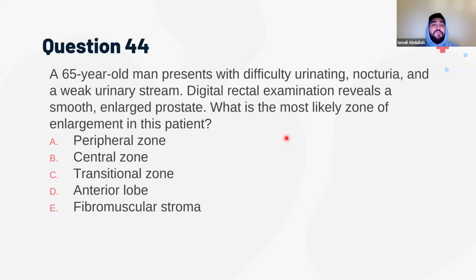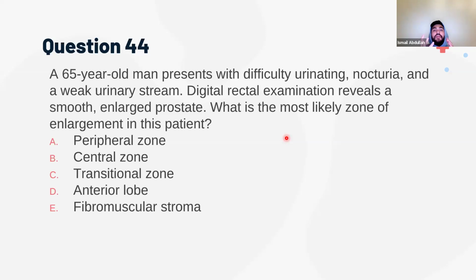A 65-year-old man presents with difficulty urinating, nocturia, and a weak urinary stream. Digital rectal examination reveals a smooth, enlarged prostate. What is the most likely zone of enlargement in this patient? So first of all, what's the diagnosis?